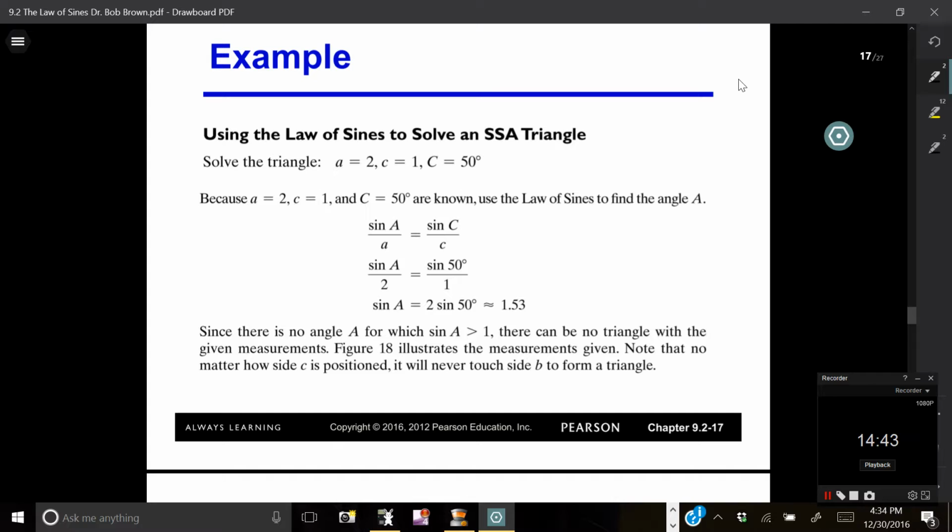Let's solve a side-side-angle triangle. Suppose we're given that A is 2, C is 1, and that angle C is 50 degrees.